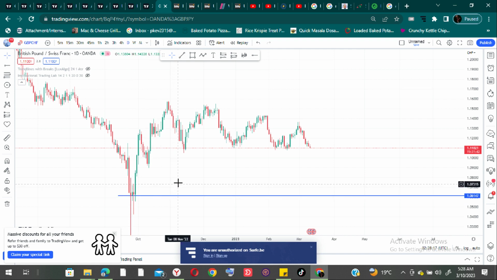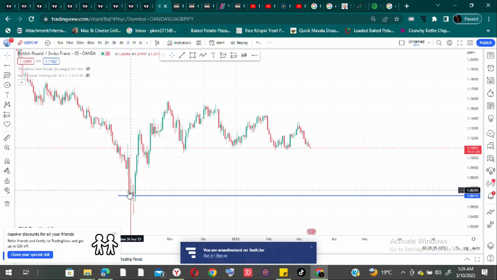Yeah, and then after that point, you notice that it comes to this level over here. Actually, the market came down to this level over here, resisted it first before actually moving to the downside. Yeah, that is not very important at the moment.